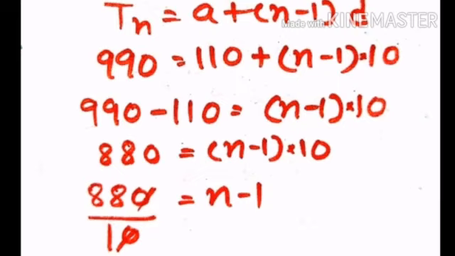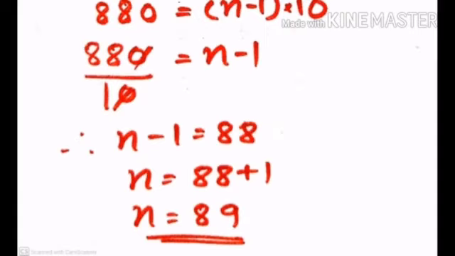So 990 minus 110 is equal to n minus 1 into 10. So 880 is equal to n minus 1 into 10. So 880 divided by 10 is equal to n minus 1. So n minus 1 is equal to 88. So we get the answer n is equal to 88 plus 1, that is 89. So you can see students that n minus 1 is 88 and we get n is equal to 89.